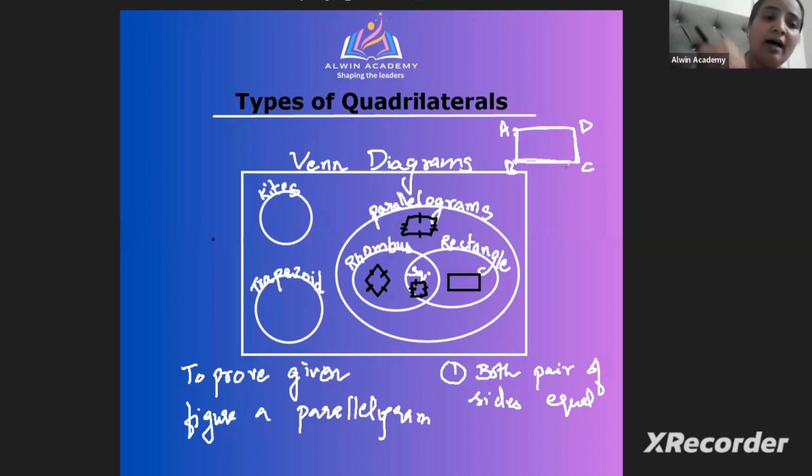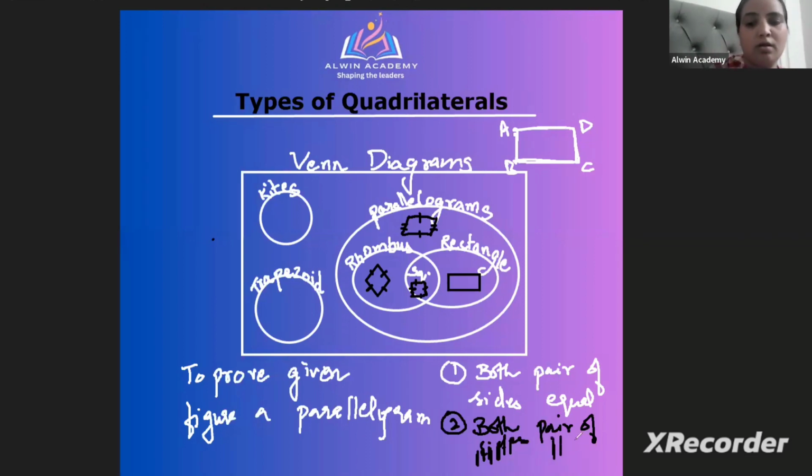So you either have to prove both these pairs of sides equal, or you can prove both the pairs of sides to be parallel. Both pairs of sides parallel. Okay, Bacha?